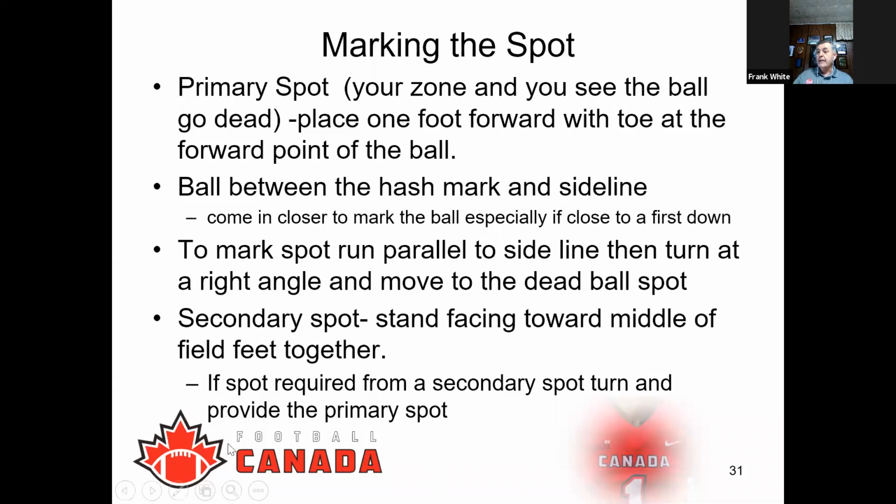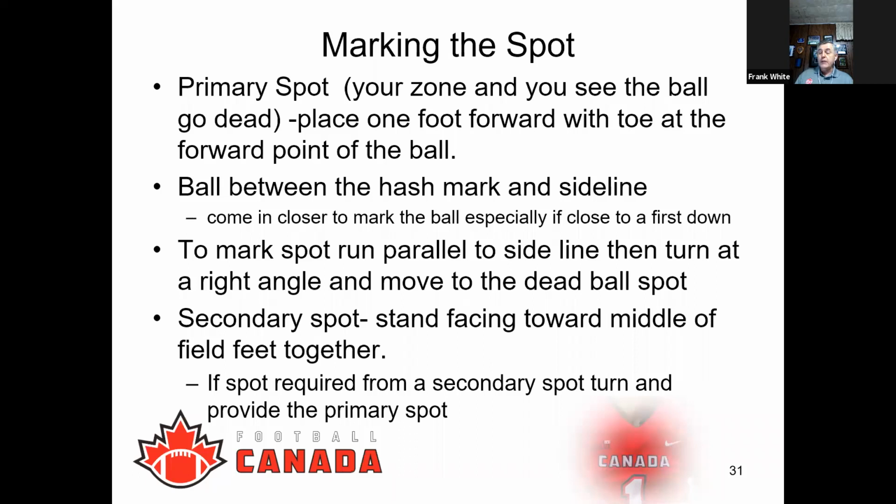Okay, and then on secondary spots, you want to take a spot, but you would want to face the official that's got the primary spot, keep your 2 feet together, and make eye contact with the primary spot official to ensure that you're in agreement.